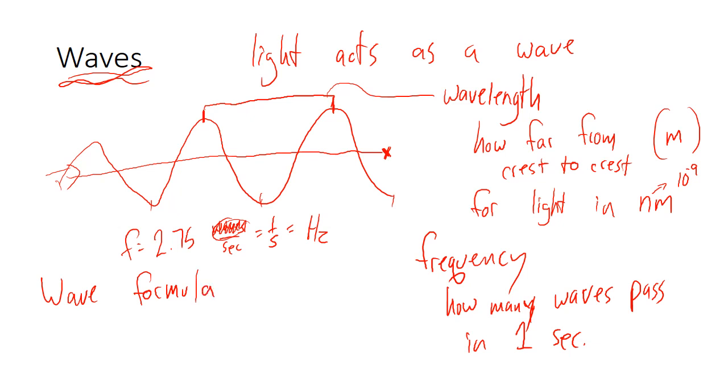The wave formula combines the frequency and the wavelength together. Wavelength is written as a lambda, right? Frequency is written as an f. Now, the reason is because wavelength is a distance, right? And we're going to multiply that by frequency, which is 1/seconds.